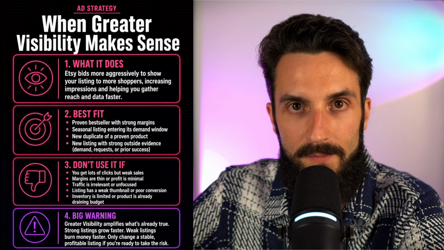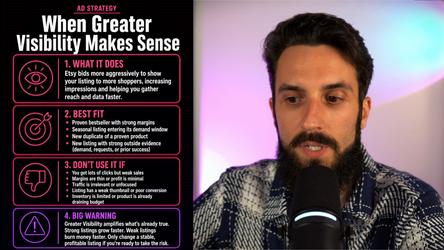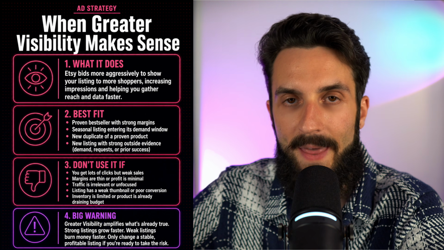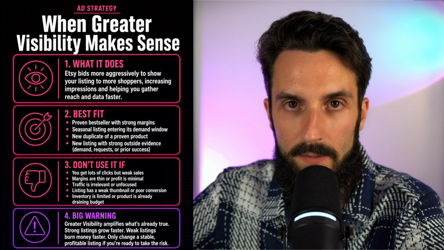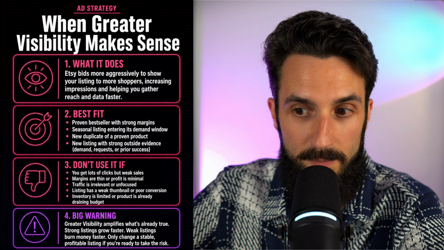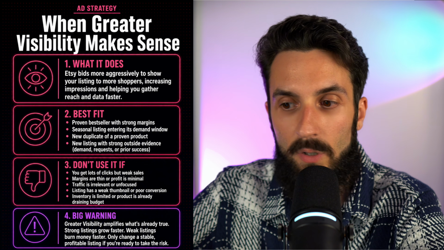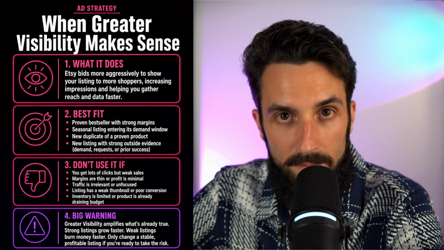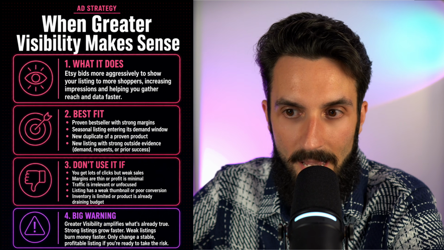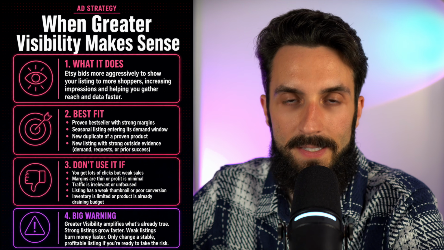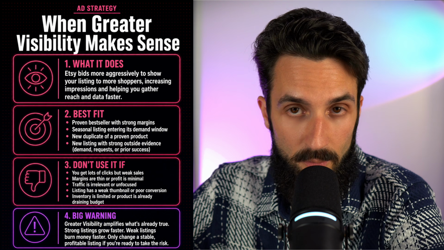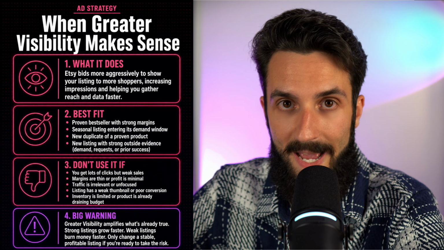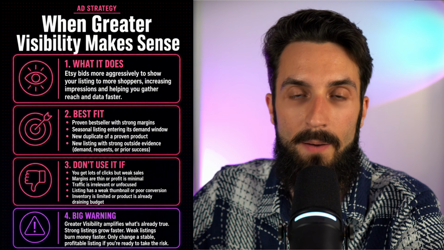If your ROAS is very high and you know that your profit margin is very high, then set that individual listing to greater visibility. Maybe you're on efficient spend and none of your high margin products are on greater visibility. Well, now with this new setting, you're able to do that. And that's a situation where I would recommend doing that if it's a bestseller or if it has a high ROAS or a high margin.